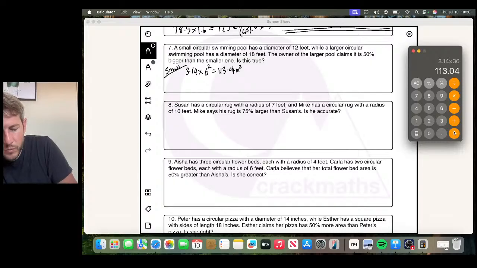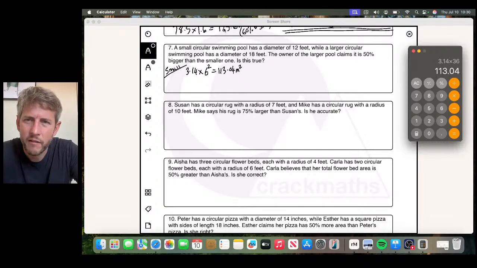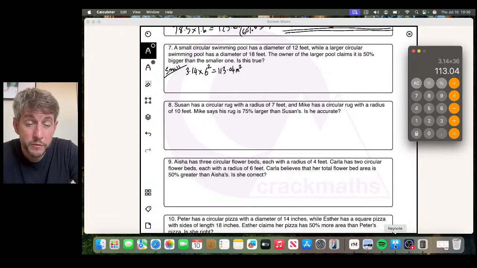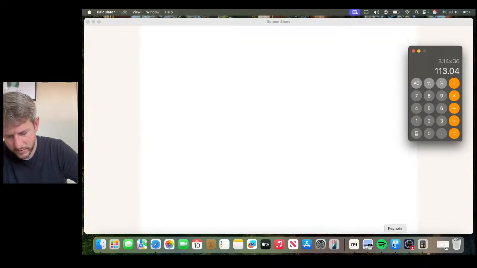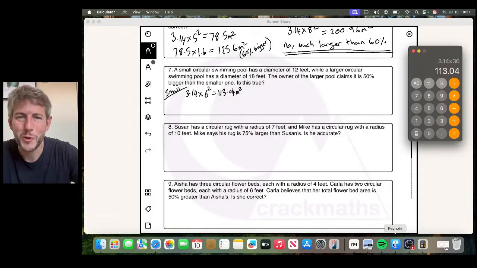And then the second one, we're going to have... maybe I should have actually put something about the area. A small circular pool has a diameter of 12 feet, while a larger circle... The owner of the larger pool claims its area is 50% bigger. Yeah, no, it does need to say area, because it could be mistaken with volume, actually. So, let me just do that. What page was this? This was page 183. Sorry, this is getting a bit stop-starty.